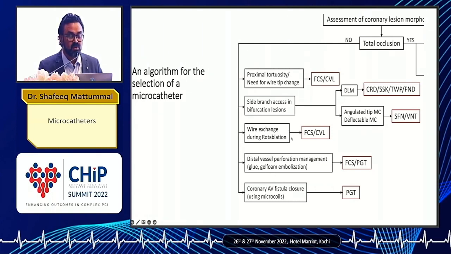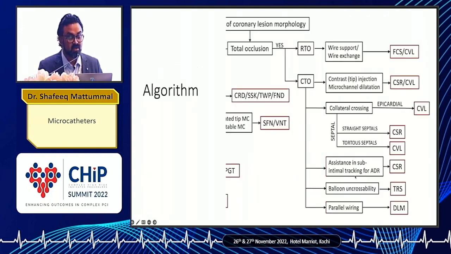For wire extension during rotablation, again FineCross and Caravel would be enough. For distal vessel perforation management, a FineCross or a large bore catheter. In case of a CTO, if it's a recent occlusion, what we need is wire support and wire exchange, so a FineCross and Caravel will do the job.